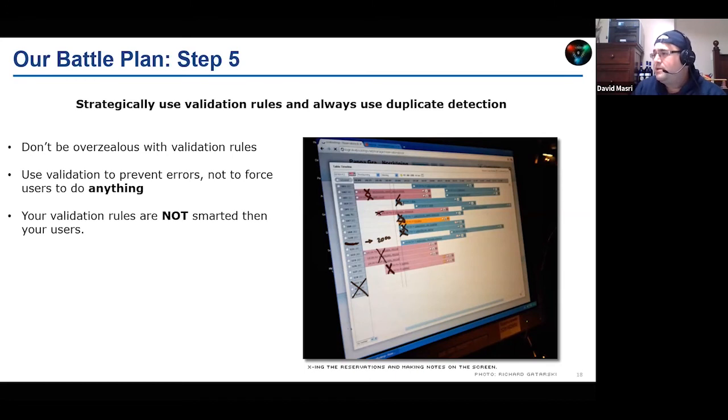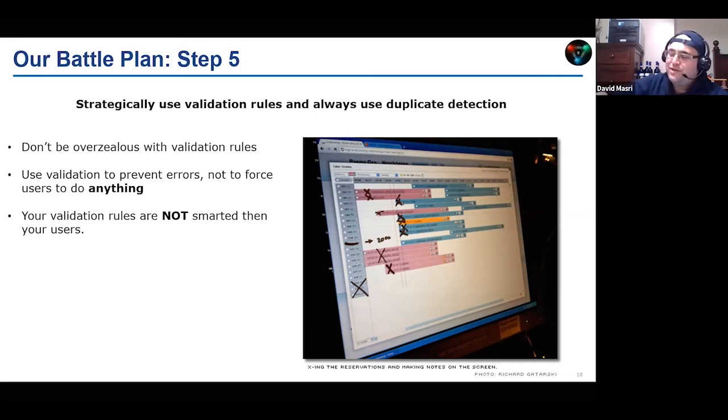I have a screenshot here from a restaurant's reservation system where essentially the system was too difficult to use, and the users found a brilliant way to get around it. All they had to do was take a Sharpie and mark off on the screen when a reservation had been used, and they'd write the name in a book, and then at the end of the day, they would just take a washcloth and wipe the screen clean, and then they would do this the next day.